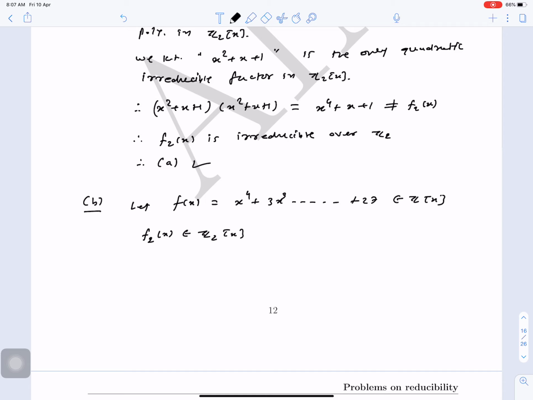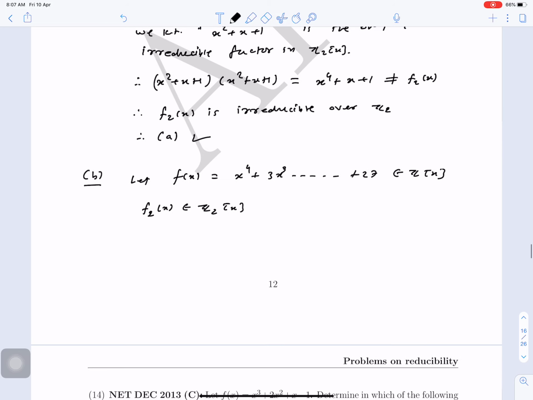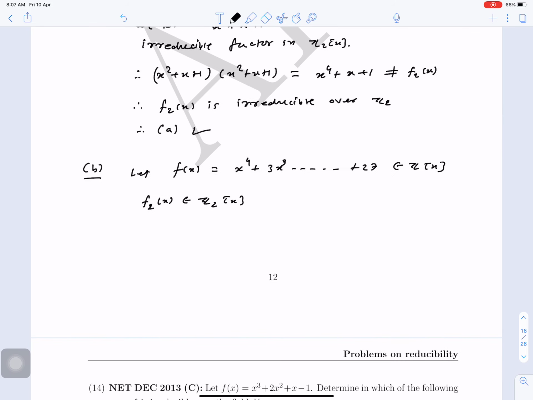So f2(x) is a polynomial corresponding to f(x) whose coefficients are reduced by modulo 2. We have discussed in part A that f2(x) is irreducible over Z2.